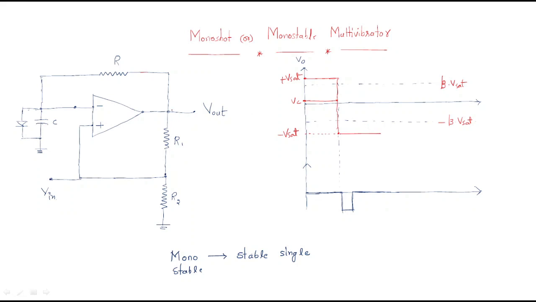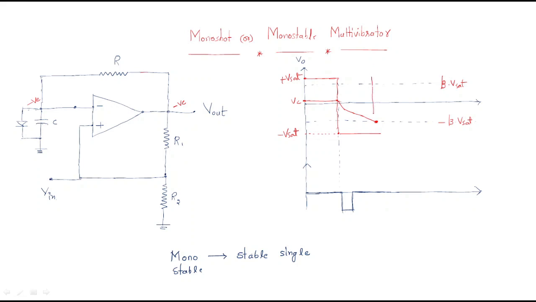When it is minus V saturation, this is negative, this is also negative, then it will be negatively charged. Slowly the Vc value is negatively charged, and at the point where it exceeds the positive value, automatically it will change the stable state.